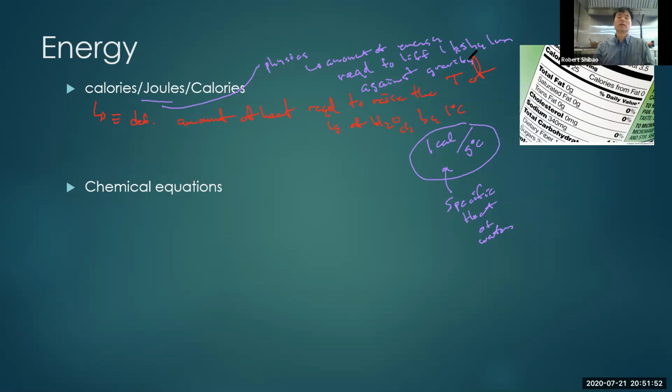So a joule is a kilogram going up a meter, fighting gravity. Gravity is 9.80 meters per second squared. So you don't need to know the definition of the joule, but that's how it is.